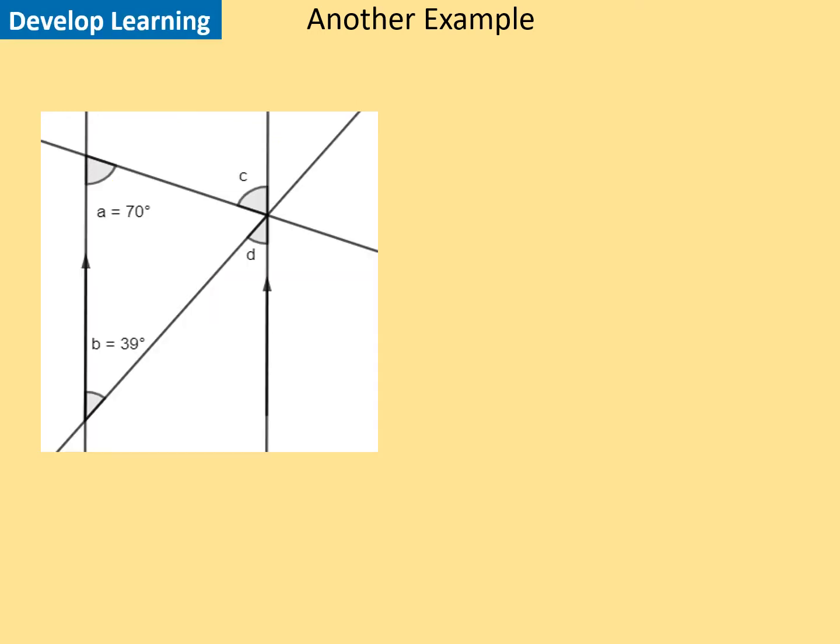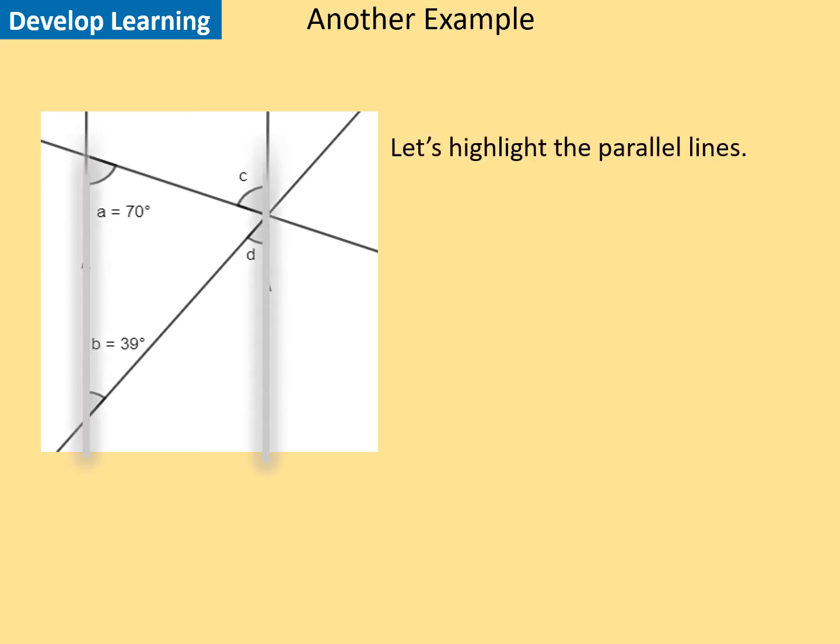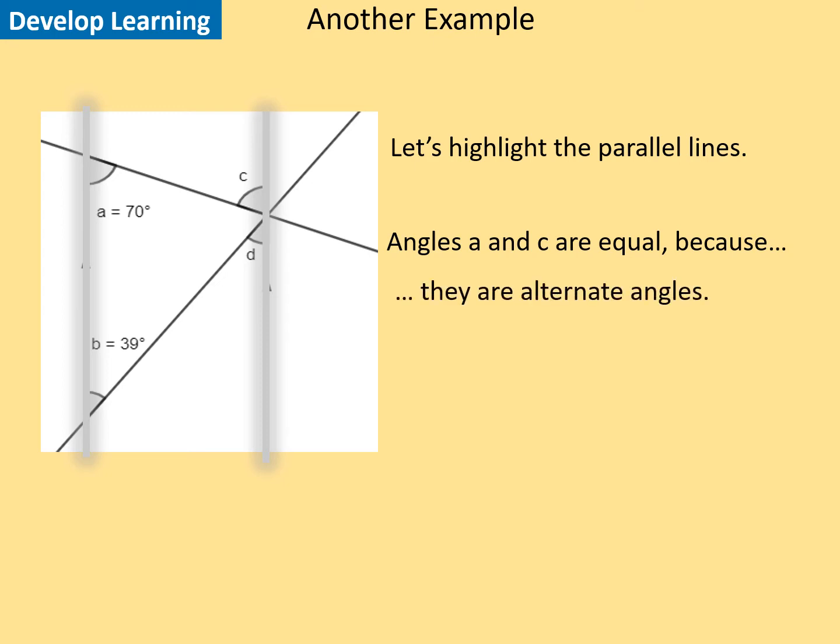Now, let's look at a harder example. What if we wanted to find what angles C and D are equal to? First, let's highlight the parallel lines. We can see that angles A and C are equal, and this is because they are alternate angles.